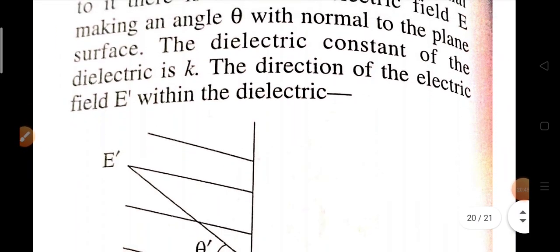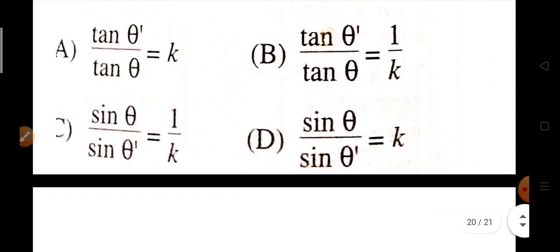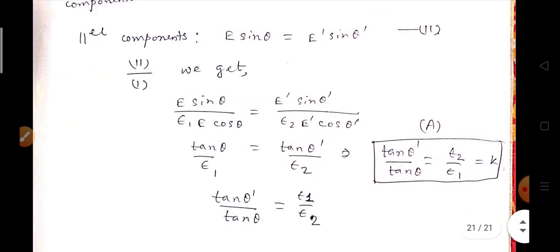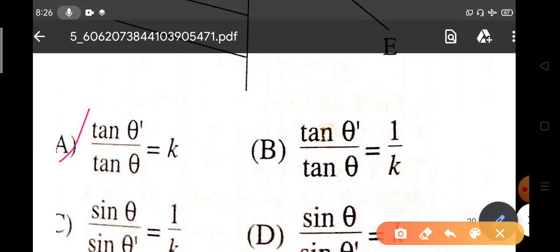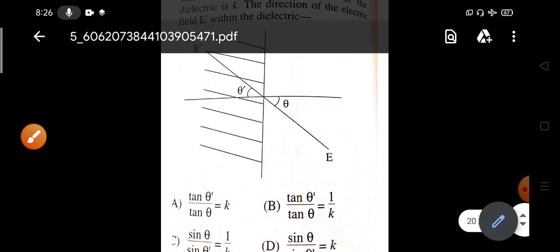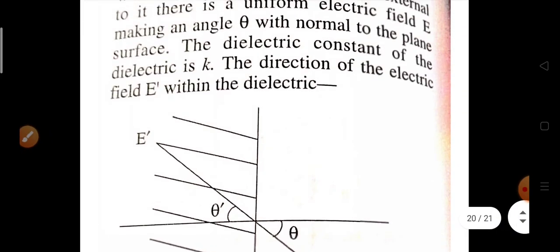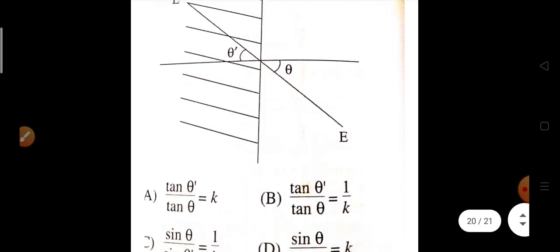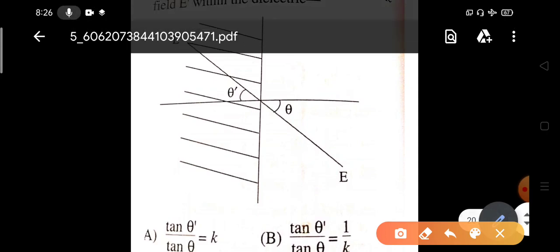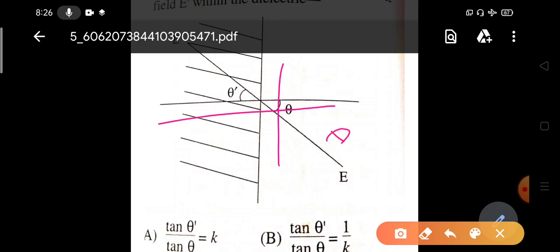So the answer is tan theta prime by tan theta equals K. So option A is the correct answer. You have to understand, not just remember, that whenever there is a boundary conditions problem, you have to find the parallel component and the perpendicular component at the boundary, and then apply the boundary conditions: D1 perpendicular minus D2 perpendicular equals sigma, and E1 parallel equals E2 parallel.